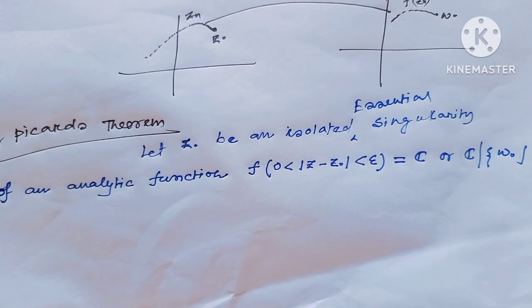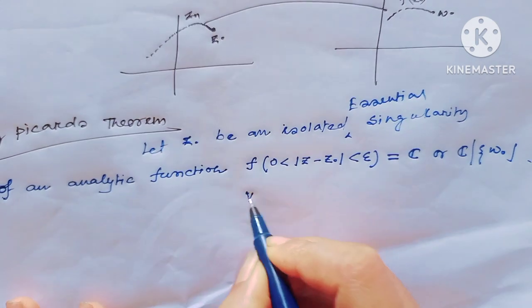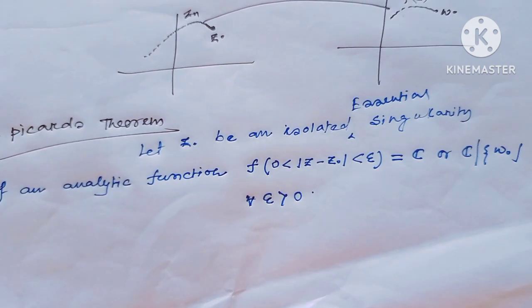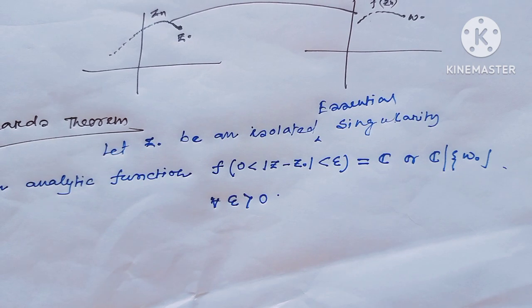Then f of 0 < |z - z0| < epsilon, for all epsilon, that means any deleted neighborhood around the point z0, is either the whole complex plane or the complex plane omitting a single point w0.